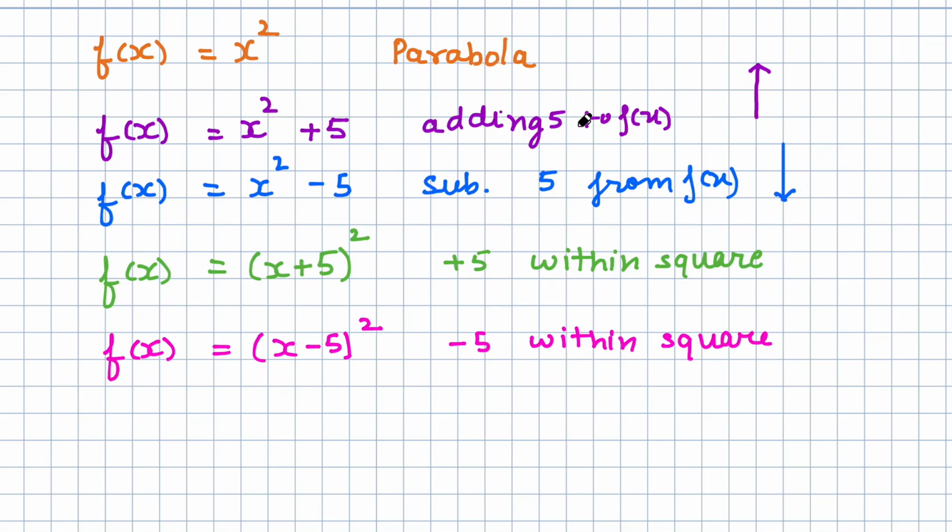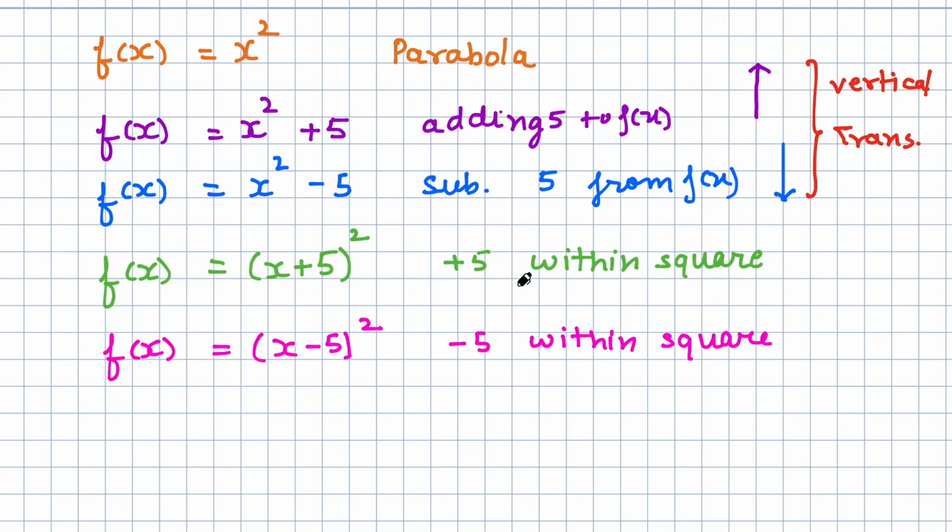So adding or subtracting a constant helps us with up and down transformations, and up and down is known as the vertical axis, right? So these are known as vertical transformations.